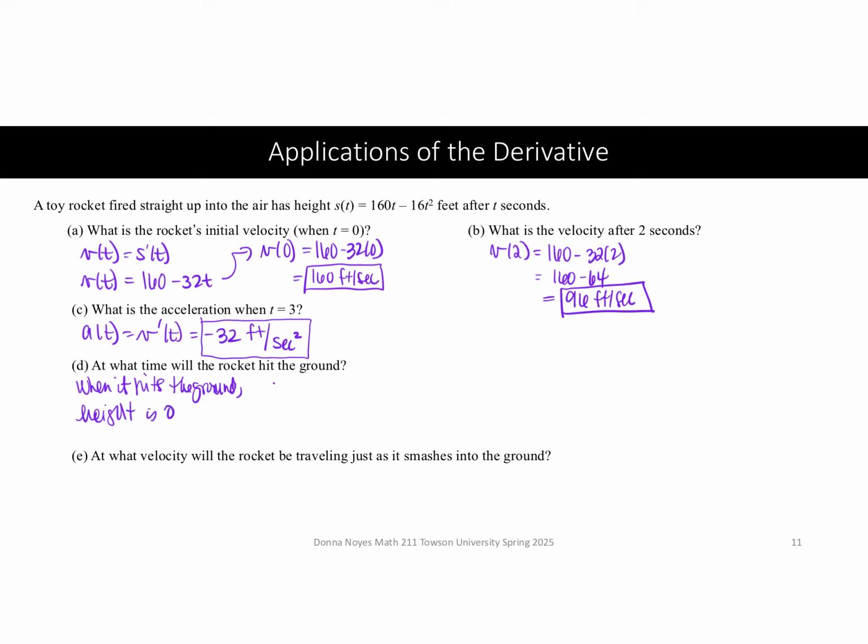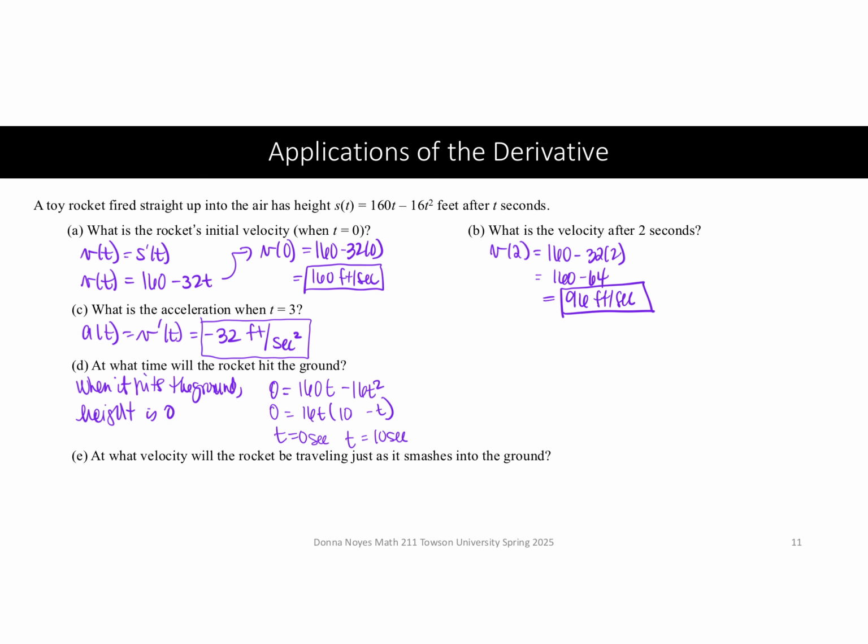So literally all we're going to do is take 0 and set it equal to our height, which is 160t minus 16t squared. And this one we can factor a 16t out and make it 10 minus t. So we end up with t equals 0 seconds, or t equals 10 seconds.